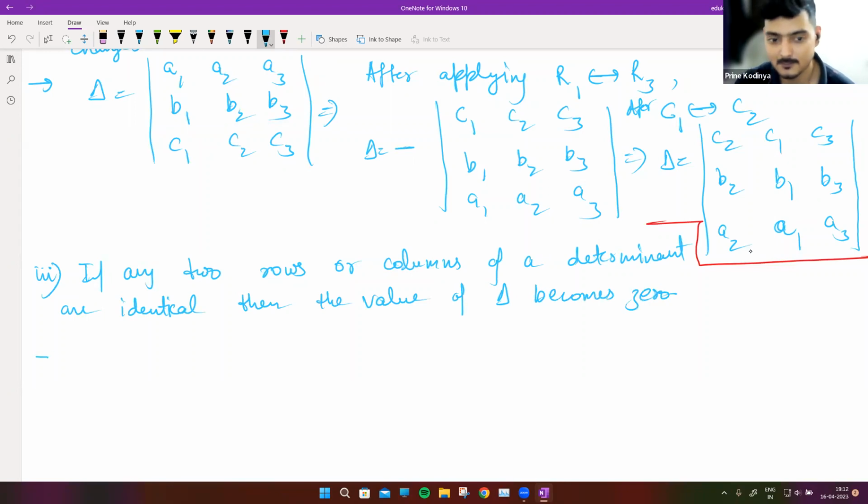Very easy rule. I mean, very easy proof as well. You'll understand why I'm saying this.